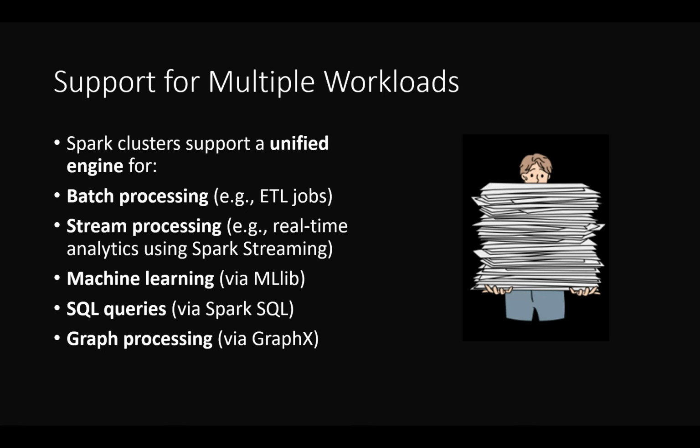So the data is extracted from multiple sources, it is loaded into the file system, and then the transformation happens. We can do stream processing, real-time stream processing, when there are sources which stream data in real time. There we can use Spark Streaming. Machine learning, then there can be SQL queries, graph processing. So it is one platform which serves all your different kinds of use cases.